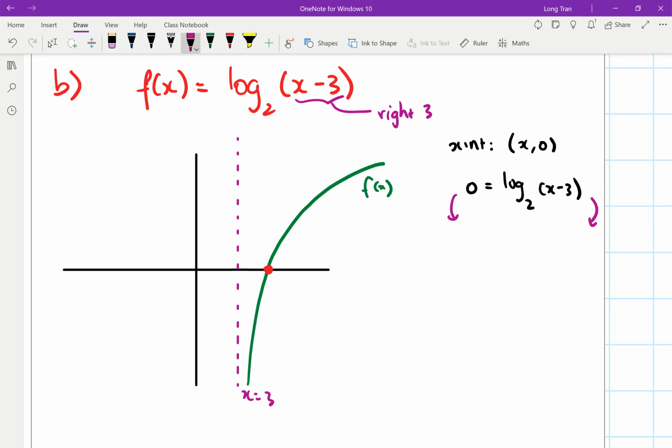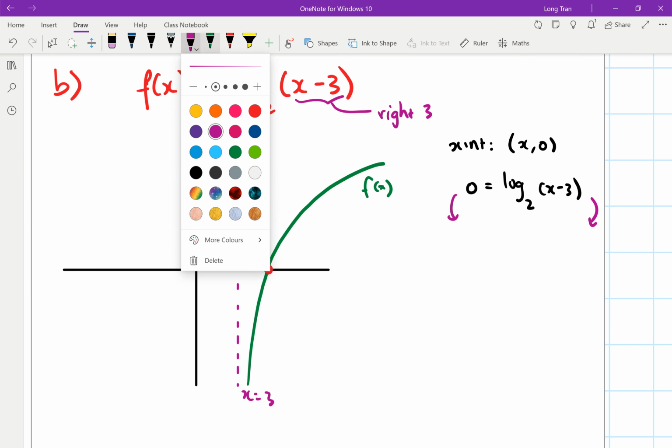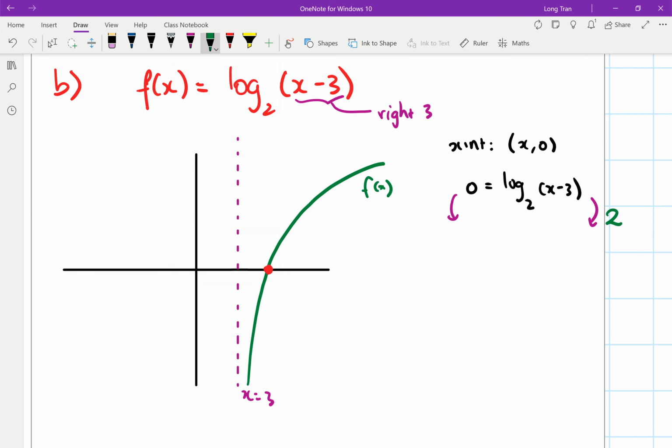And what's the inverse of log base 2? It is 2 to the power of whatever the right-hand side is, and then 2 to the power of whatever's on the left-hand side. Because that's logarithmic base 2, the inverse of it is exponential base 2. So this now gives you 2 to the power of 0 is equal to 2 to the power of log base 2 of x minus 3.